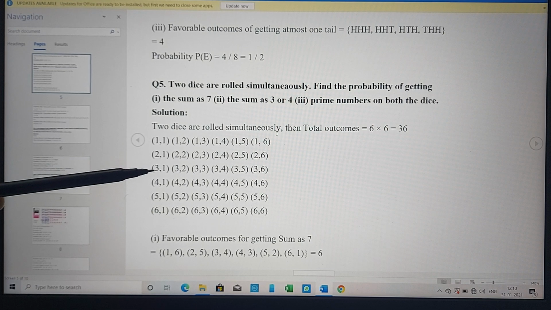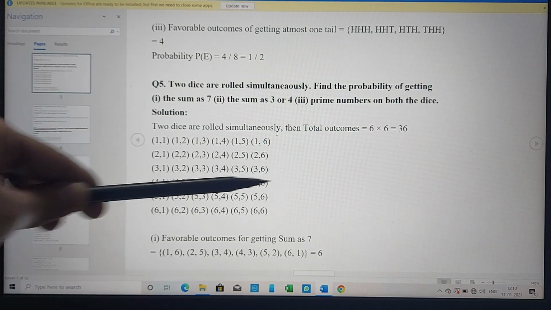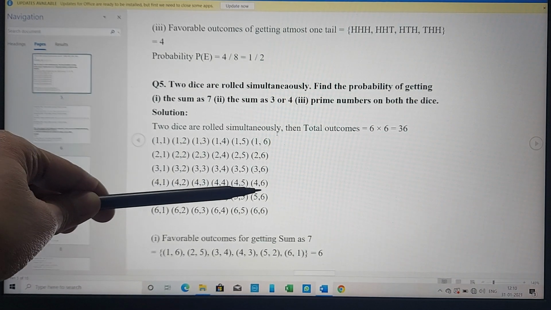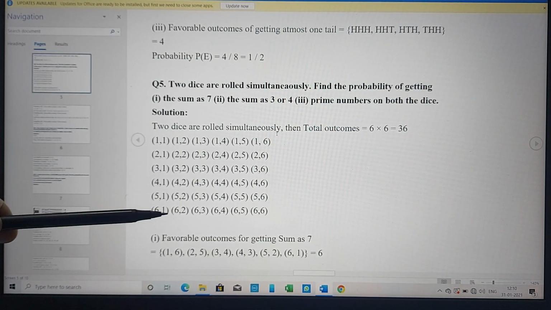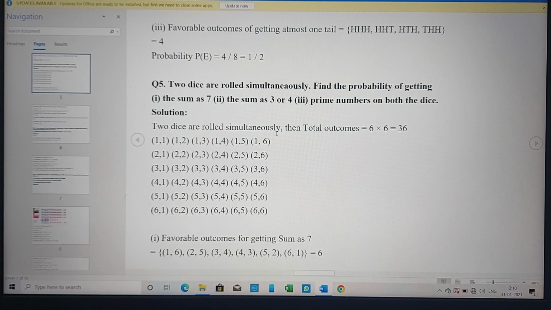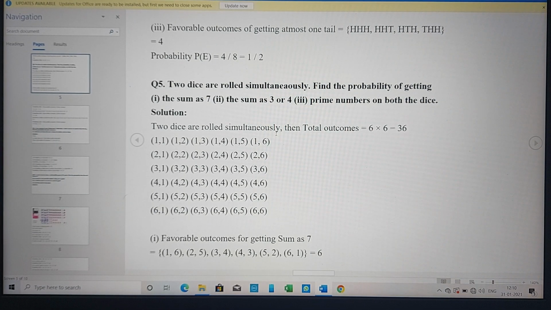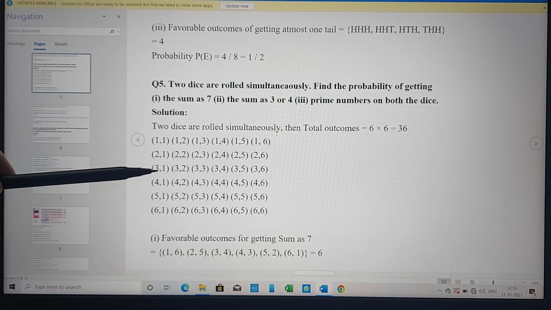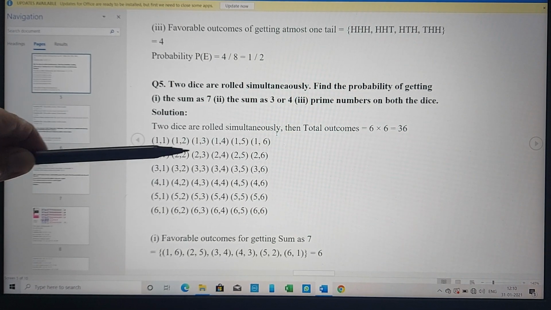Okay. Then 3 plus 1 is 4. That is acceptable, but we are not getting 3 anywhere. And if we move forward, then we do not get sum as 3 and 4. It will be greater than 3 or 4. So we have basically one option, 3 plus 1, that means 4. Here we have 2.